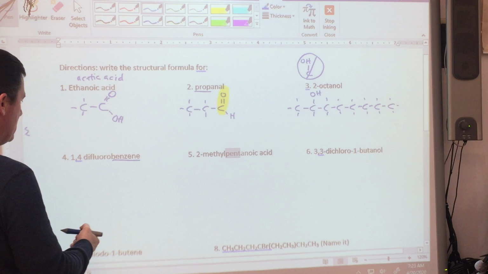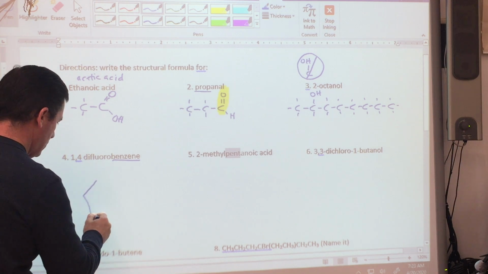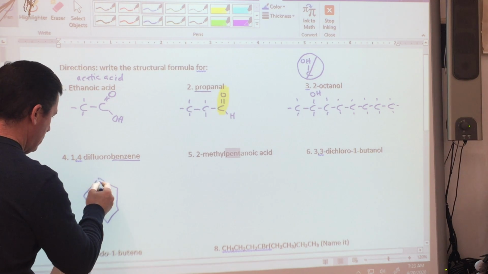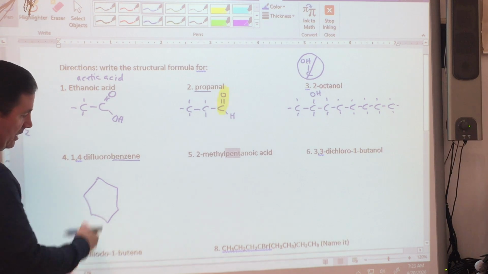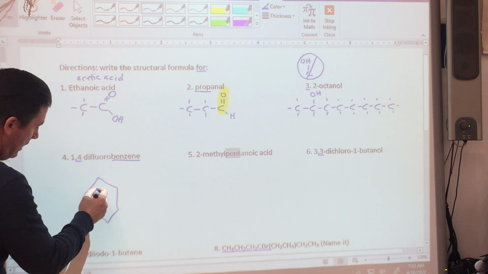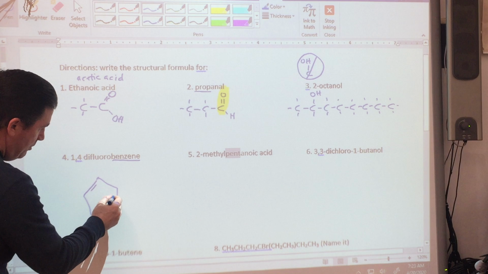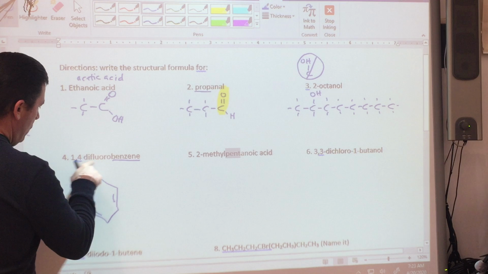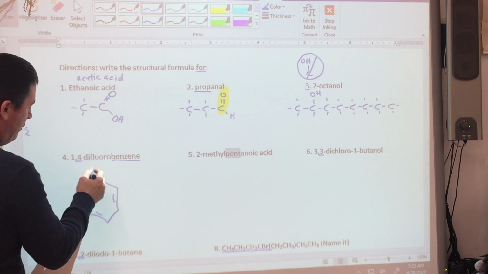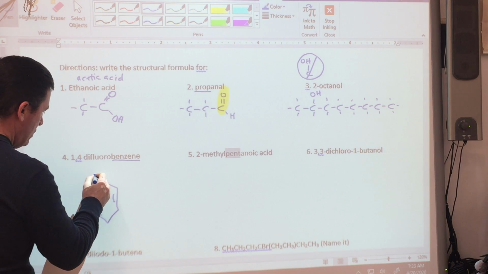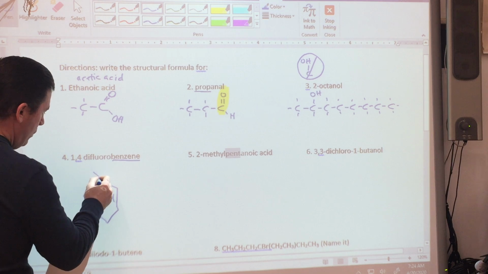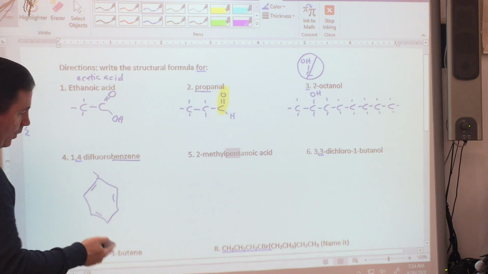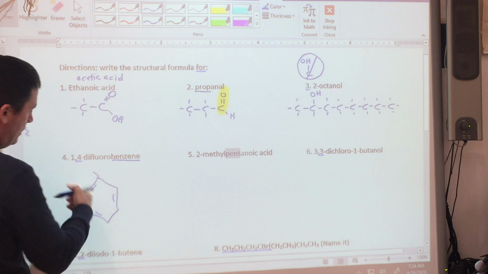So I need a benzene. It's basically a hexagon, and then I can put double bonds every other one. So what do I do with this? This is 1,4-difluoro. So that means I've got a number 1 carbon. It doesn't really matter where you start in this thing as far as this one's named.